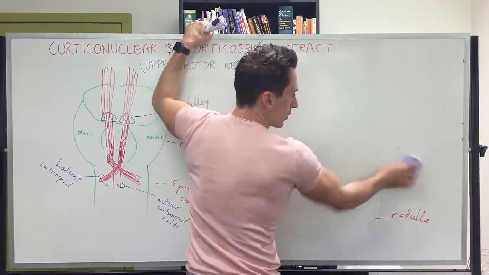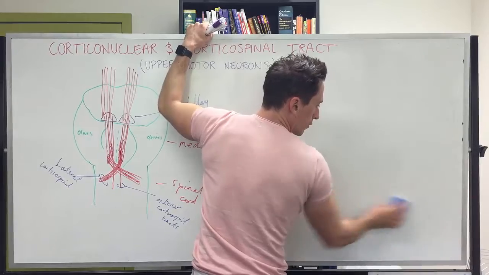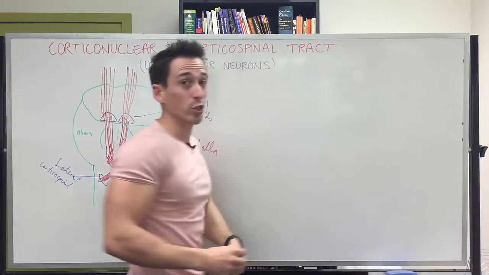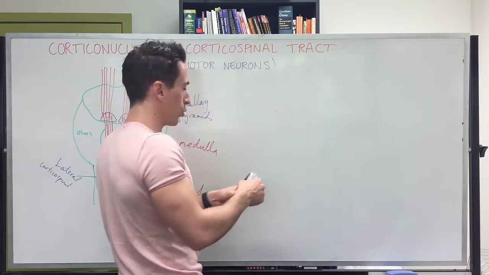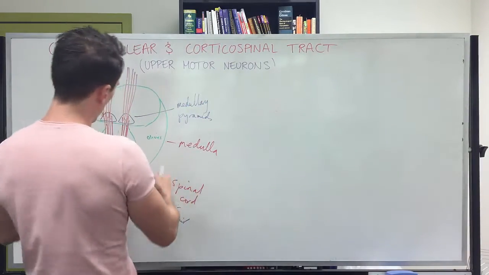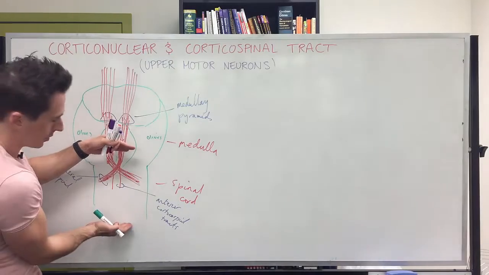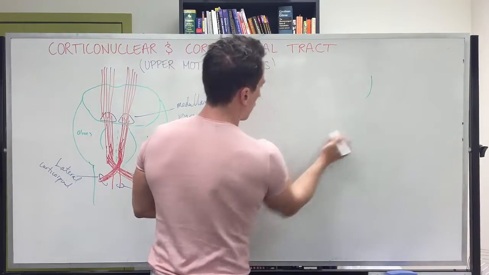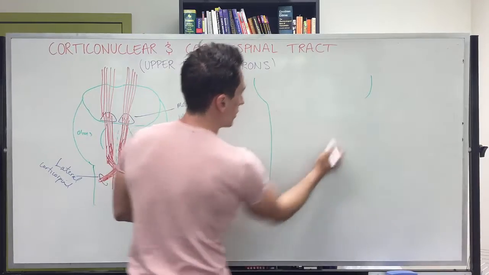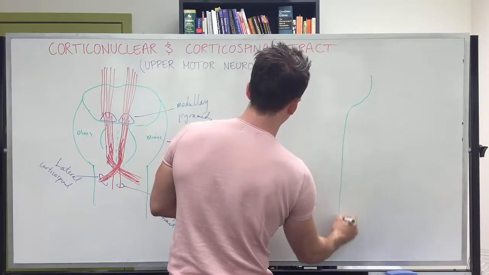Remember, the spinal cord is now where all the peripheral nerves will be coming out and away for the limbs and the trunk. So this is the important part where they're going to synapse with their lower motor neuron. So what I'll draw is this section here and a little bit further down. So we're just at the bottom of the medulla, and now the rest is the spinal cord.